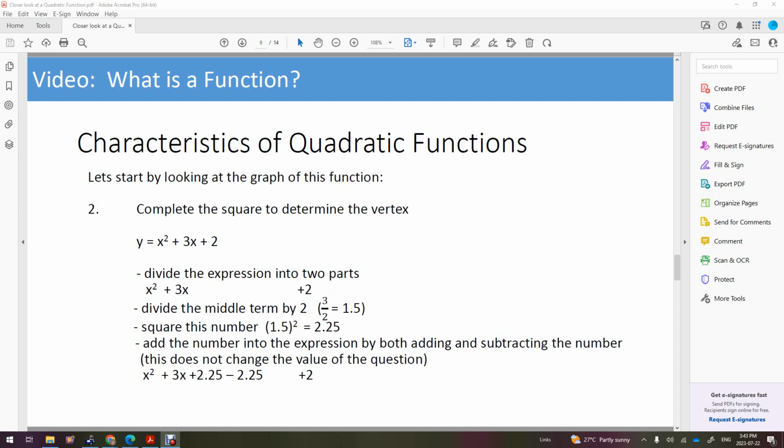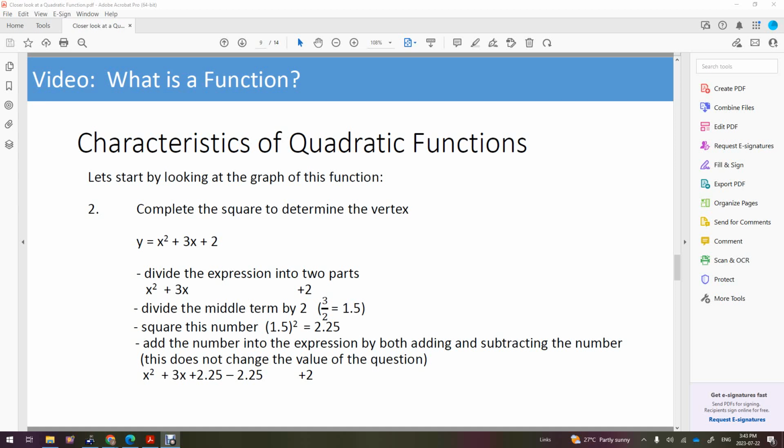We take the value of the middle term, 3, divide by 2, and we get 1.5. We then square this number. 1.5 squared is 2.25.